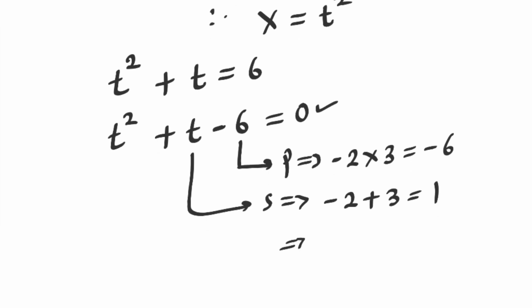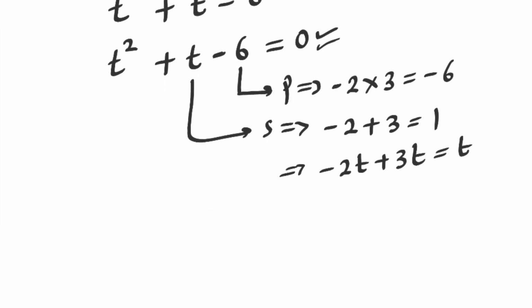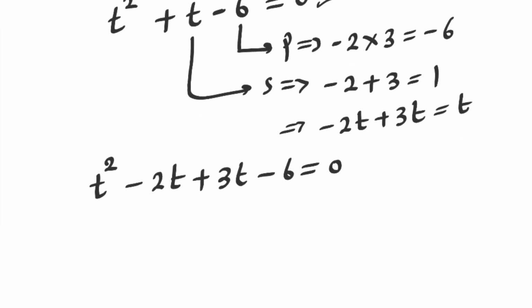Then minus 2t plus 3t, this is equal to t. Now we're going to replace this t by this. Therefore, the whole of this is t square minus 2t plus 3t minus 6 is equal to 0.